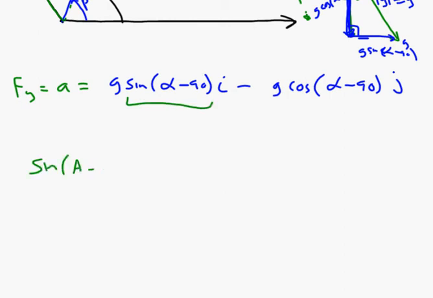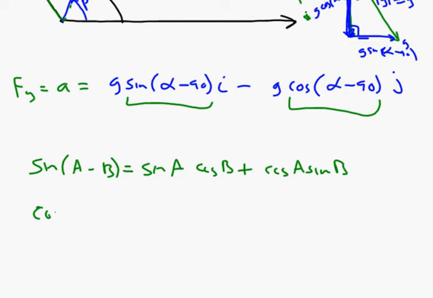The sine of A minus B is equal to the sine of A cosine of B plus the cosine of A sine of B. And for the other expression, the cosine of A minus B is equal to the cosine of A cosine of B plus the sine of A sine of B. It comes from trigonometry. So we can apply those and then rewrite this expression.